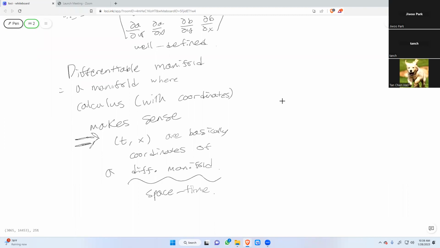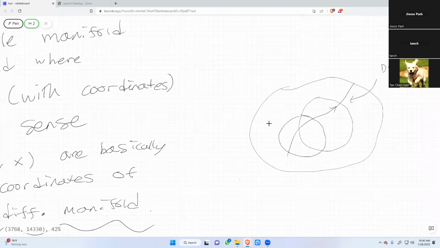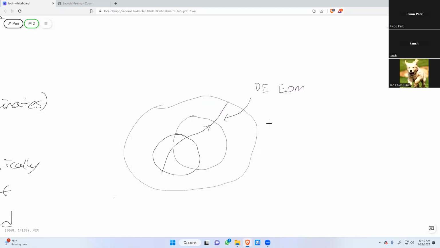Suppose we have a particle that goes across some manifold in this direction, and because the manifold is described in terms of coordinate patches, what if we want to find the differential equation for this particle's equation of motion? Let's say we have a differential equation for this segment of it. We have it individually, but how do we essentially combine the two?